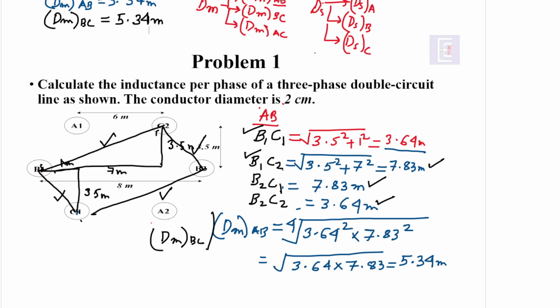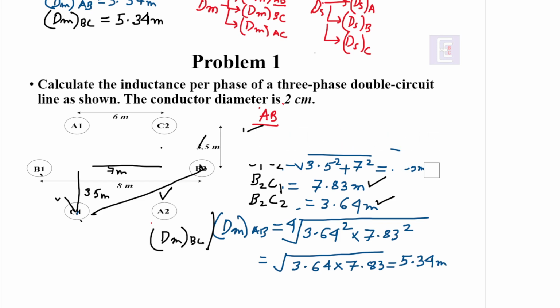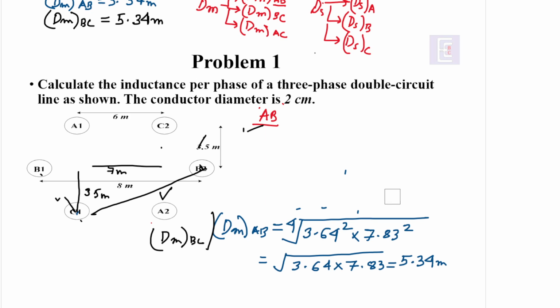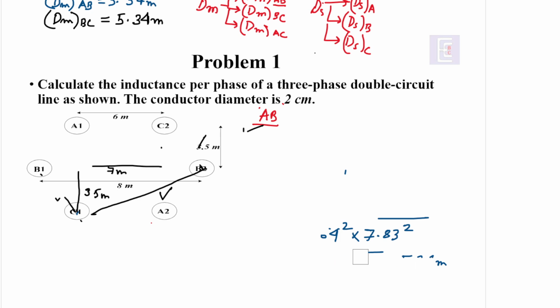Lastly, we have DMAC. Now, what are the possible distances?